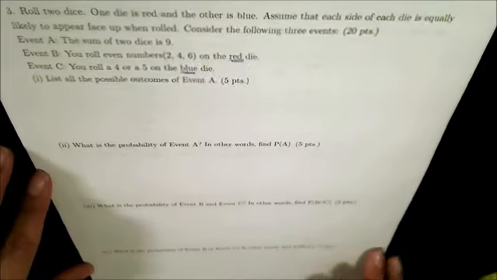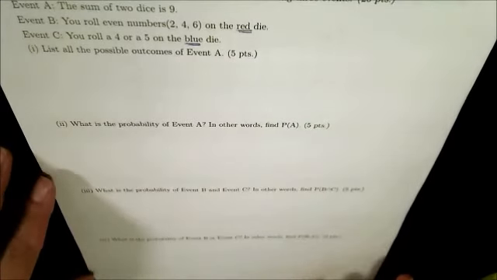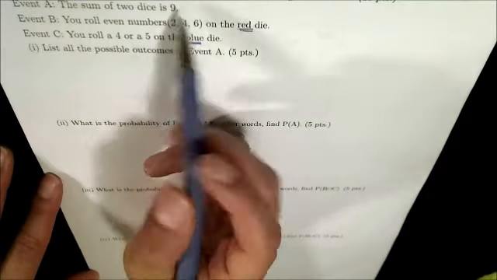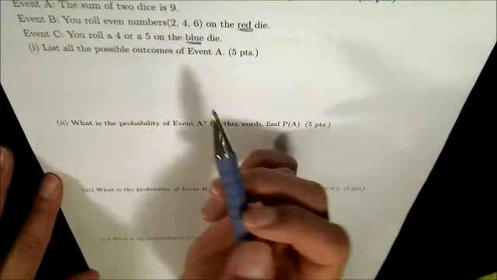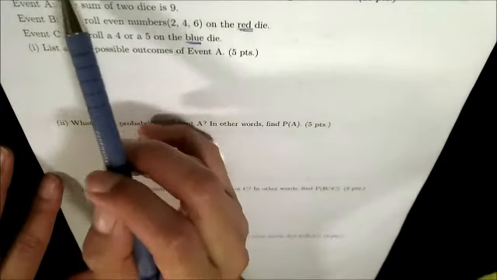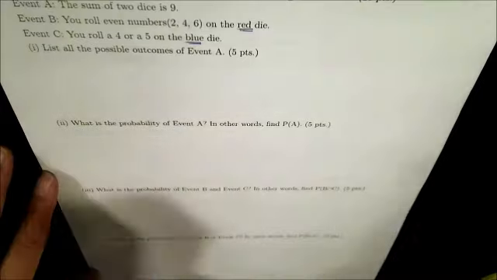Okay. First problem, list all the possible outcomes of event A. What is event A? The sum of 2 dice is 9. Can I say 1/8? No, because each die has 6 sides, right?